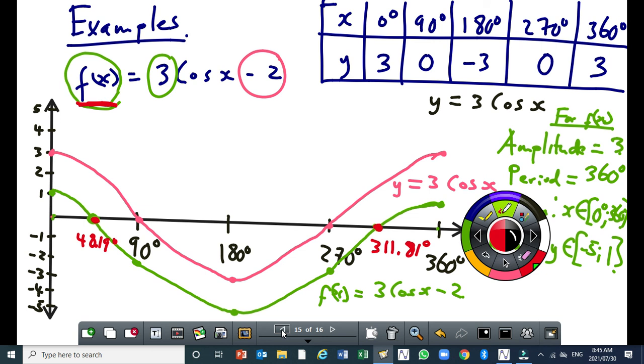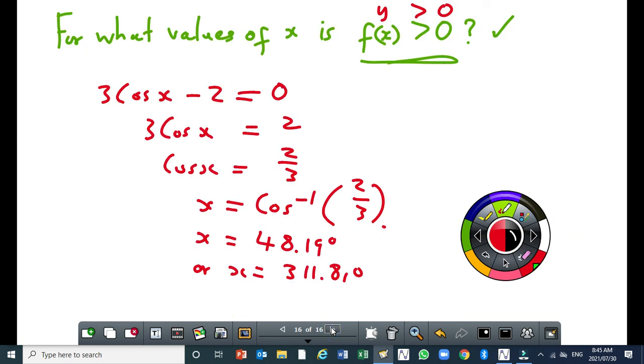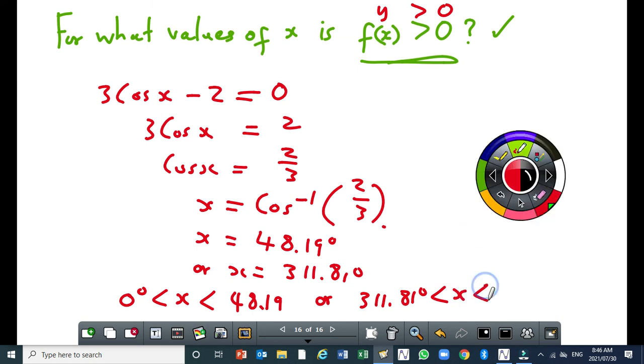The answers are going to be two inequalities. The first one will be 0 degrees is less than x, and x is less than 48,19. The other one is going to be 311,81 degrees is less than x, and x is less than 360 degrees.